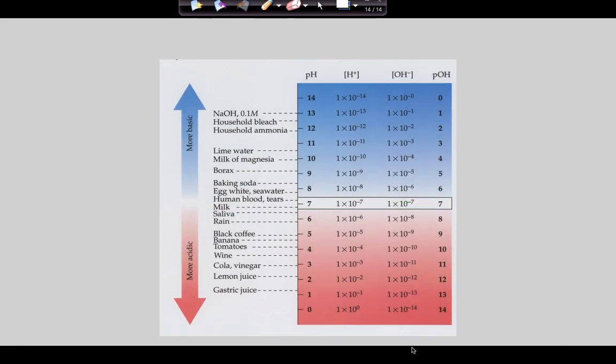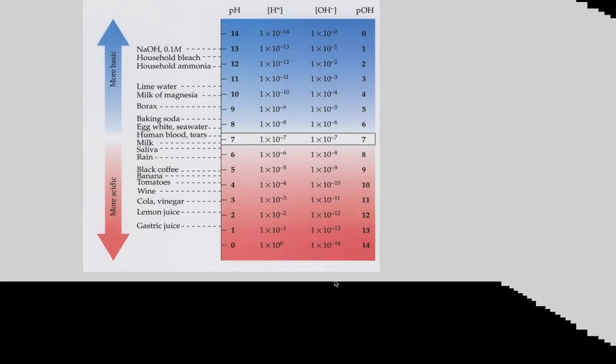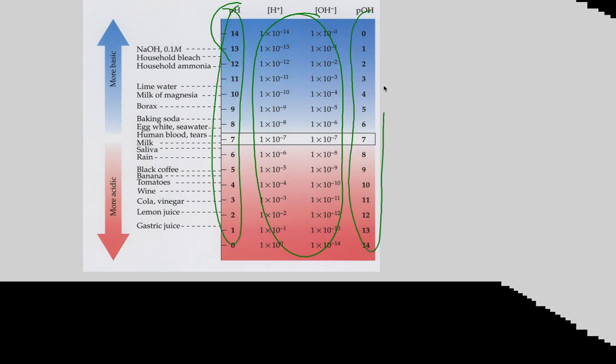Again cleaning up my mess, in summary, here's what we know. These two columns will always do what? Multiply together to give you 10 to the negative 14th. But guys, what about this column and this column?